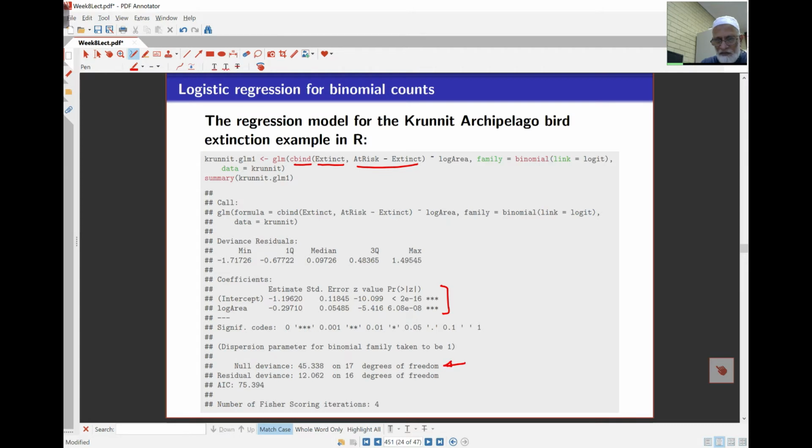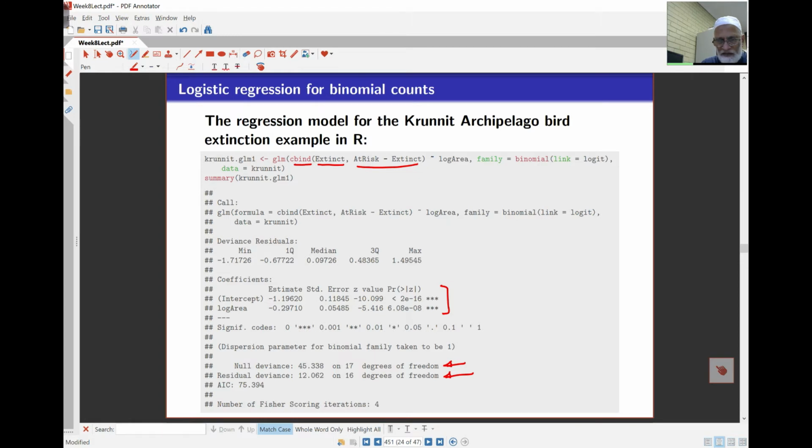You'll find the number of observations we had was 18, and the degrees of freedom for residual variance is one less because we have actually fitted one extra variable. So the null deviance, actually the null model is where the log area isn't in the model, we just have a constant. And the residual deviance is when we actually have the full model as stated here, and the degrees of freedom will be reduced by the number of coefficients we're fitting here.